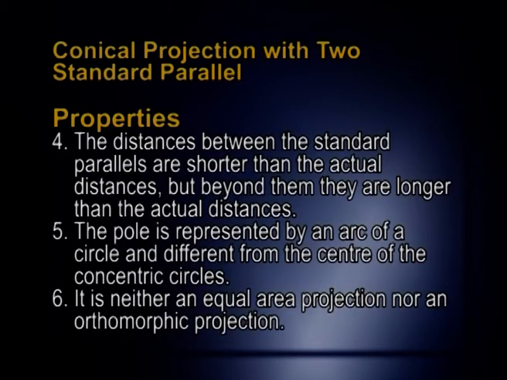The distances between the standard parallels are shorter than the actual distances, but beyond them they are longer than the actual distances. Number 5. The pole is represented by an arc of a circle and is different from the center of the concentric circles. Number 6. It is neither an equal area projection nor an orthomorphic projection.